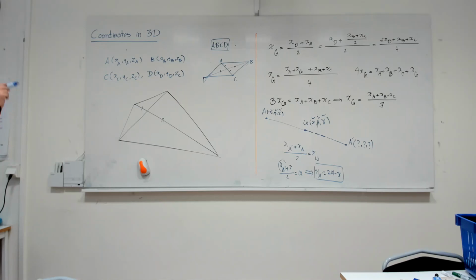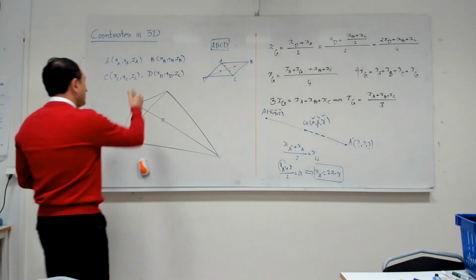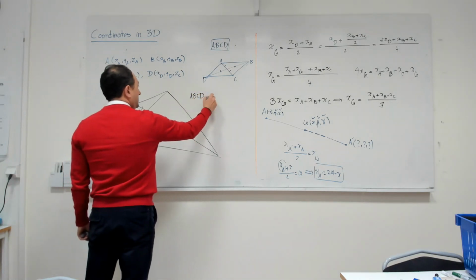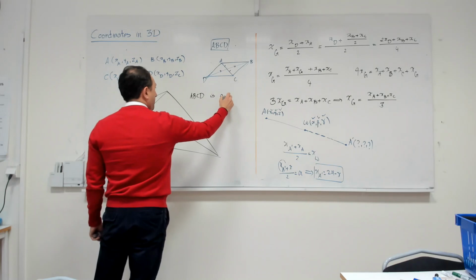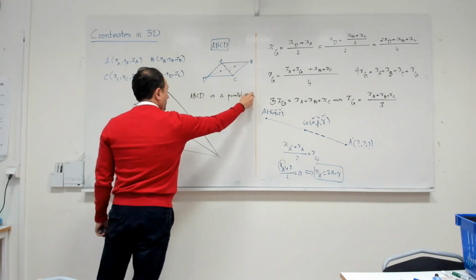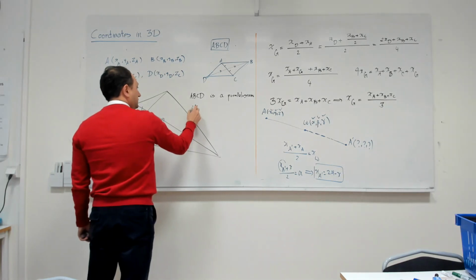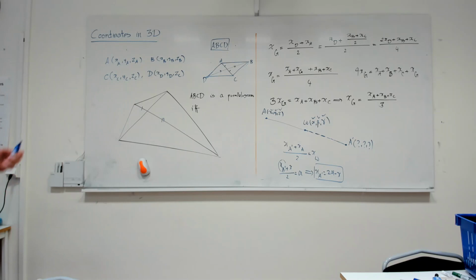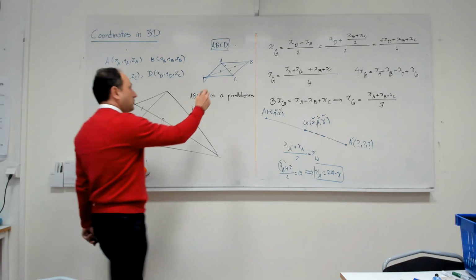And now tell me, can I find a relation here? So I would say that ABCD is a parallelogram if and only if, IFF, okay, I want you to fill up the gap. Now that you know the point is the midpoint.